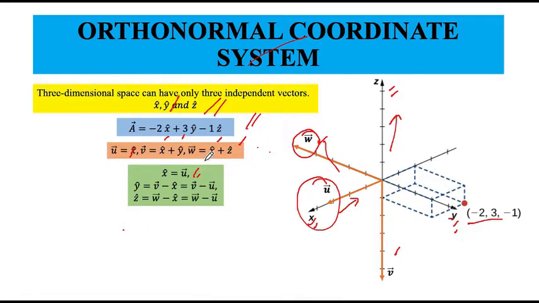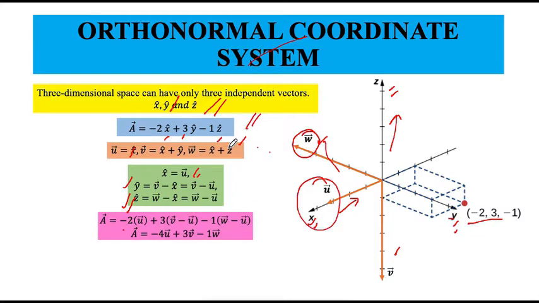It is a particularly simple example because of the way it is shown. So I can write down the unit vector along x, the unit vector along y and the unit vector along z in terms of u, v and w. So I will write down what A is.